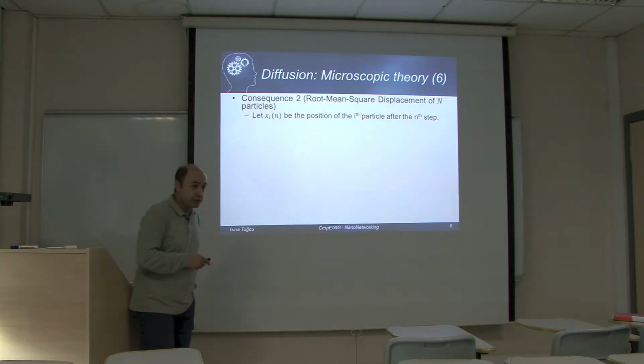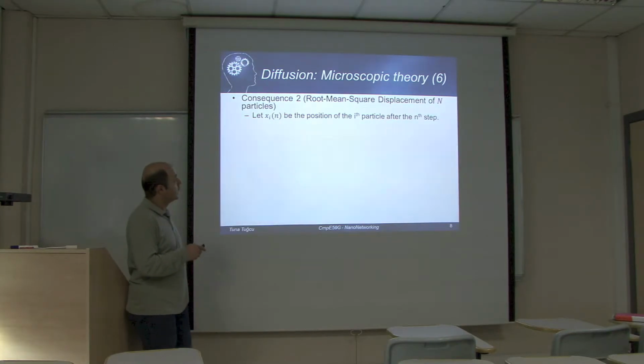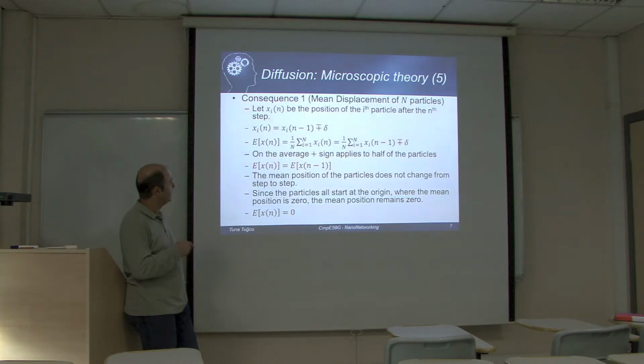Let's look at the second consequence: the root mean square displacement of N particles. Let x_i of n again be the position of the ith particle after the nth step. So x_i of n squared would be what? Going back to the definition, I'm talking about the square of this.